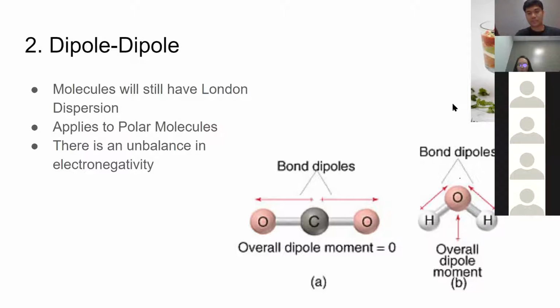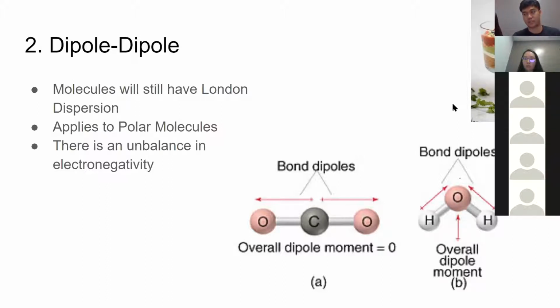So back to the carbon dioxide example, see how one oxygen will move to the left, the other oxygen will move to the right, which is the reason why carbon dioxide itself is non-polar, because its overall polarity becomes 0. But if we look at water, we can see that there's an uneven distribution in electronegativity.